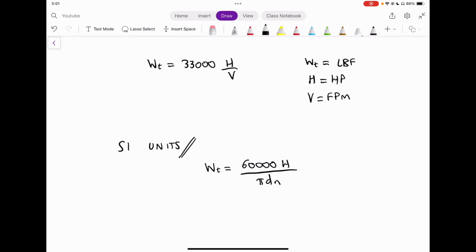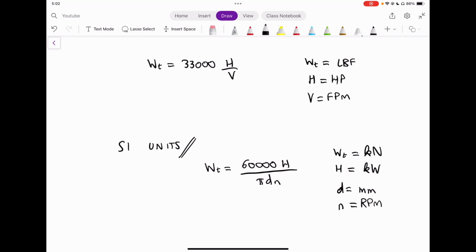So in SI units, they don't actually use pitch line velocity, they use RPM, and so you don't need this pitch line velocity calculation, but WT would be in units of kilonewtons, so they already convert to kilonewtons. H would be in kilowatts, not watts, and then D would be in millimeters, hence why there's a 60,000 at the top, and N would be the RPM. So not radians per second, but actually the RPM.